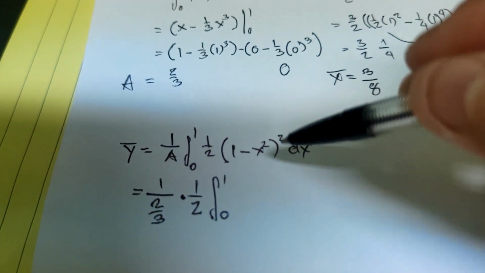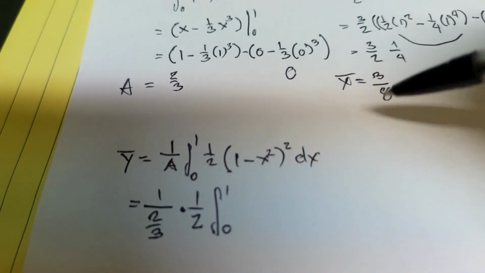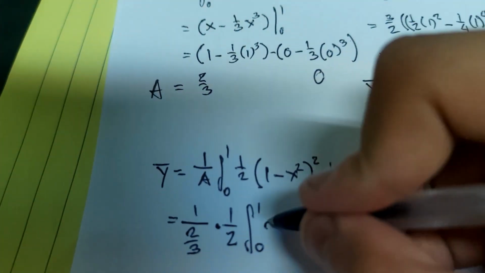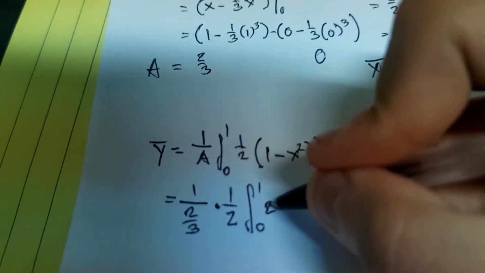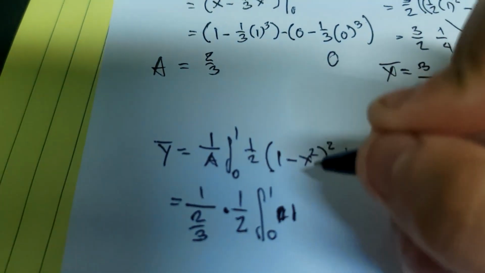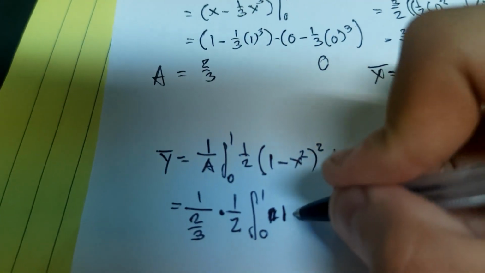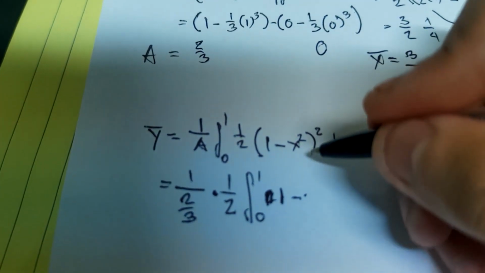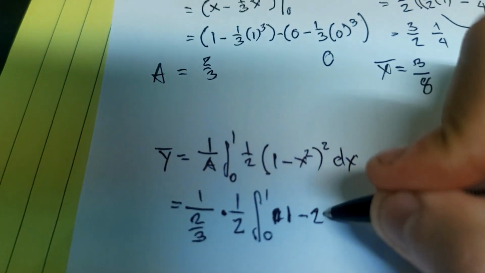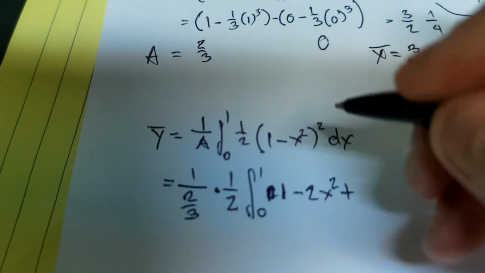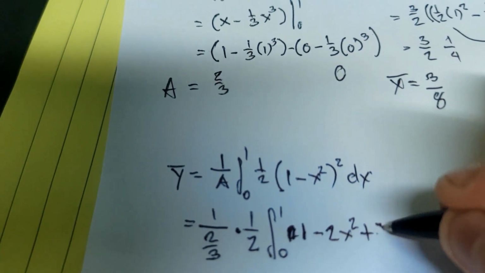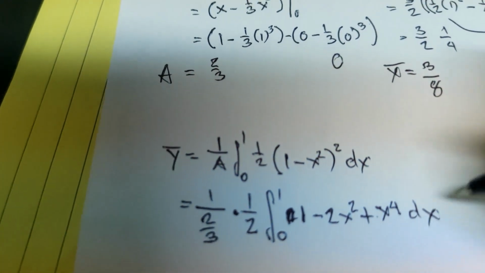So 1 minus x squared raised to the 2 is 1 squared, which is just 1, minus 2 times 1 times x squared, which is 2x squared, plus x squared squared, which is x to the 4th, dx.